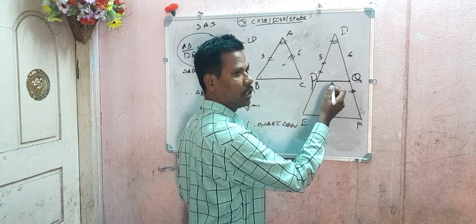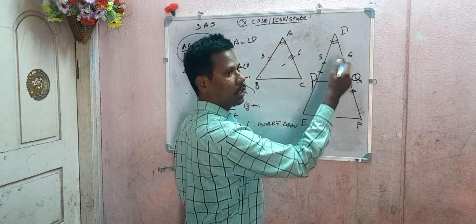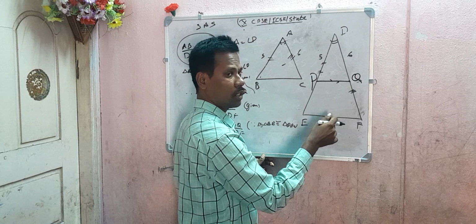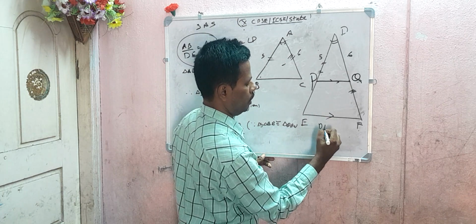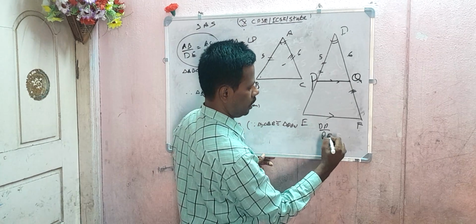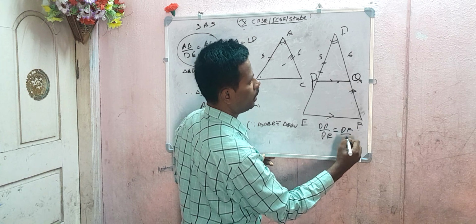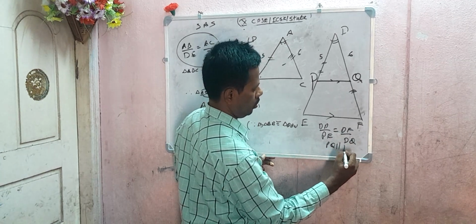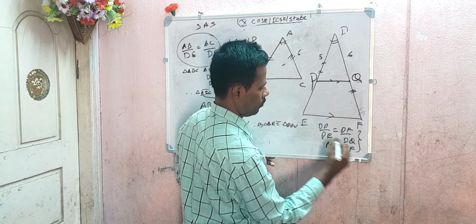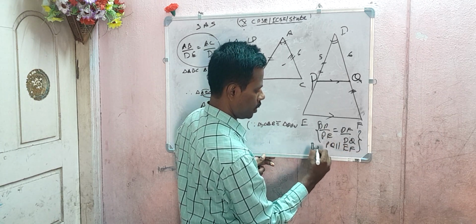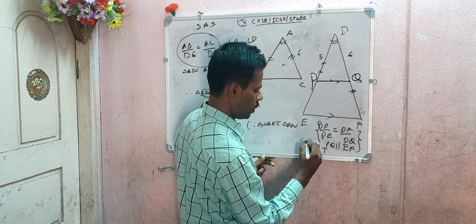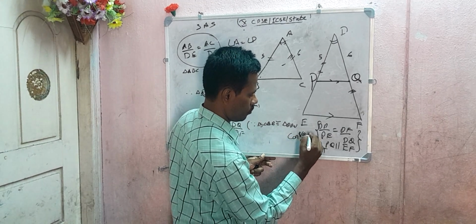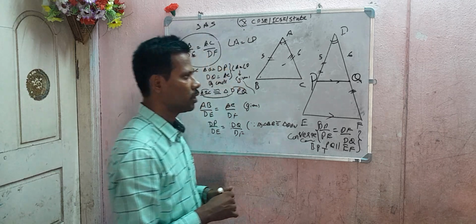That means if DP by PE is equal to DF by DQ, then PQ is parallel to EF. This is by the converse of the basic proportionality theorem.